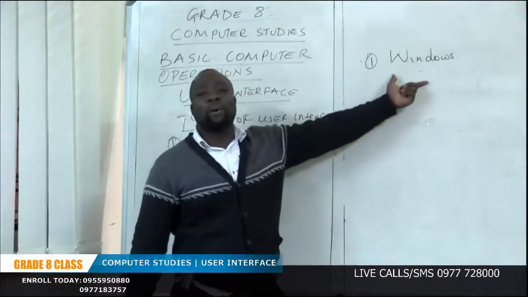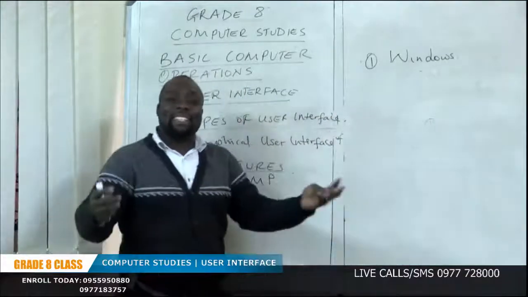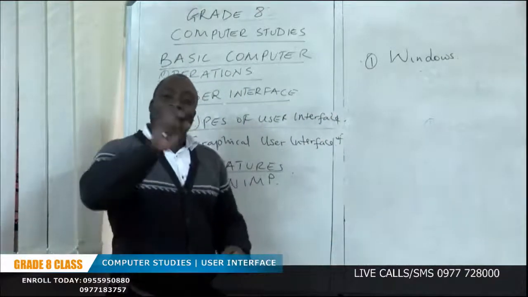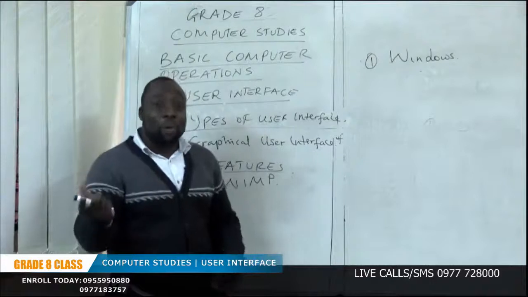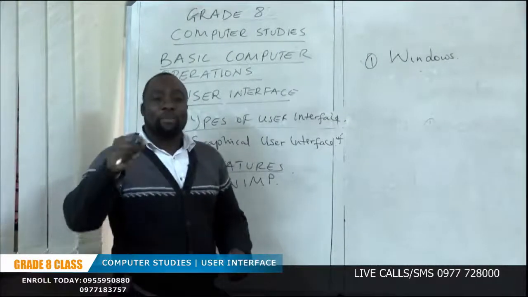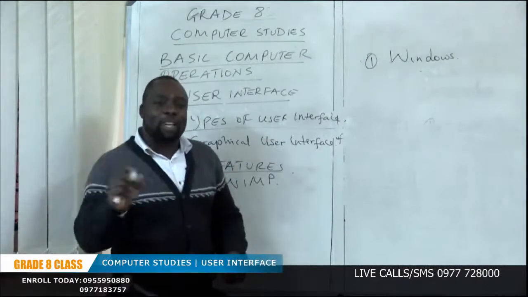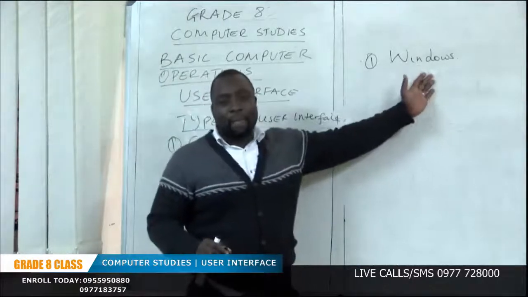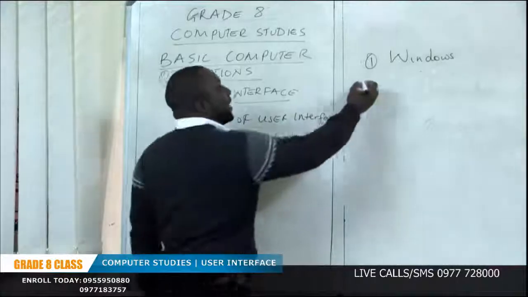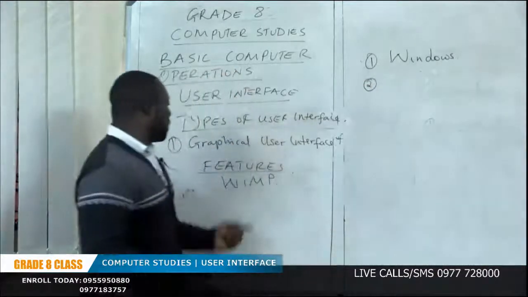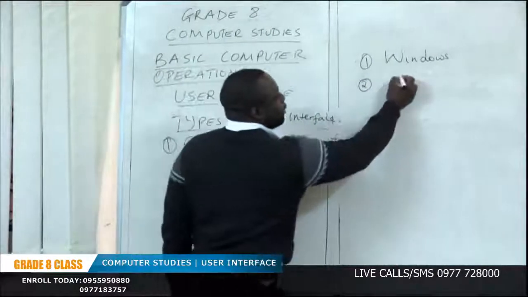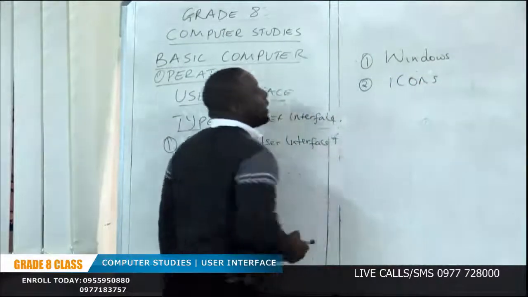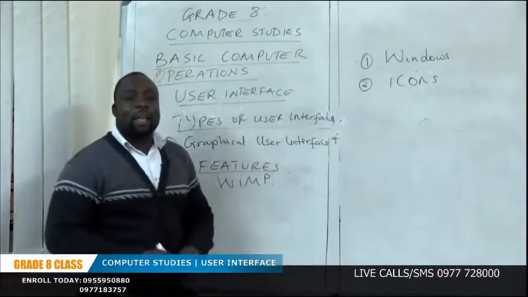Now what is a window? A window is just an opened image, or what we call a dialog box on the computer. If you open anything on the computer, what you have opened is what we call a window. Are we together? Good. Then the second one is icons.